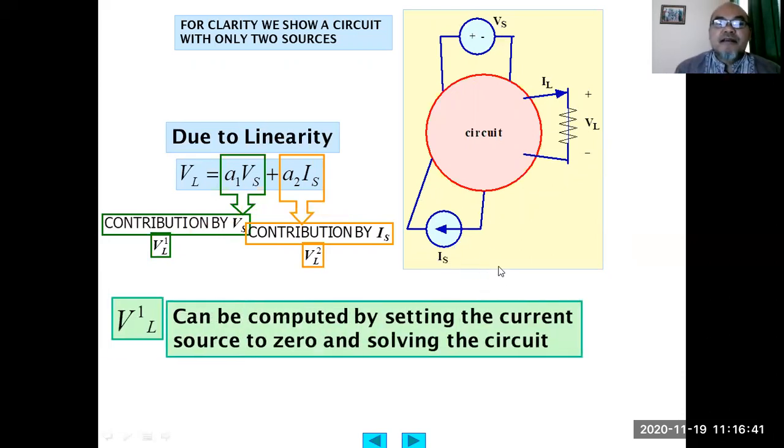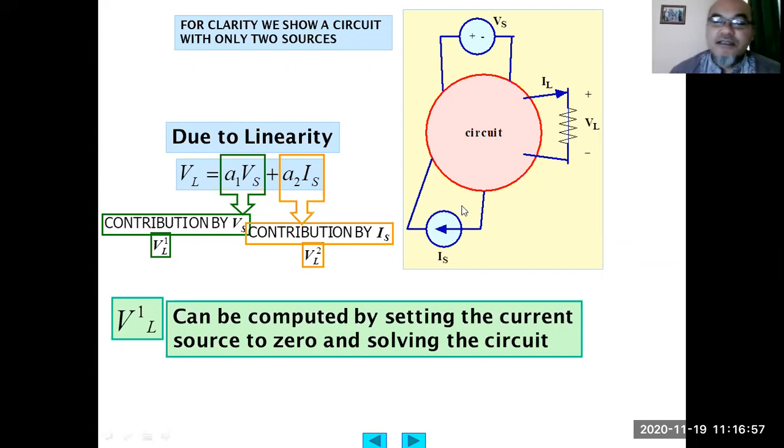Then V1L can be computed by setting the current source to 0. How do we set the current source to be 0? We make it an open circuit, so no current flows through it.